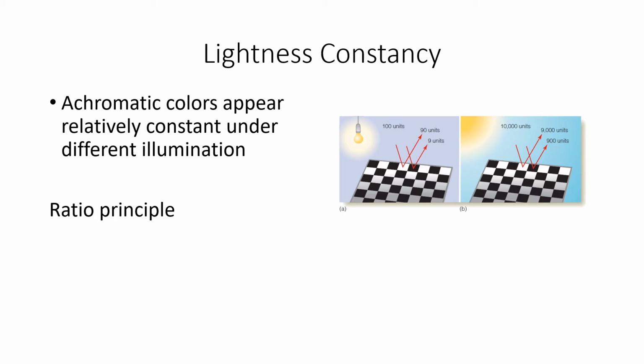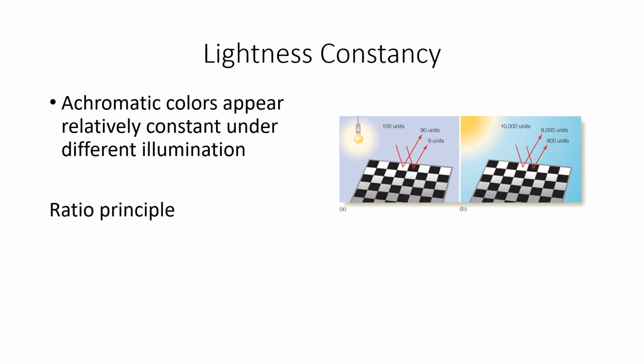But if you look at the black squares in B under the sunlight compared to the white squares in A under the dim indoor light, the black squares in B are reflecting more light than the white squares in A. So the fact that that remains constant, you might be pretty awed and amazed.